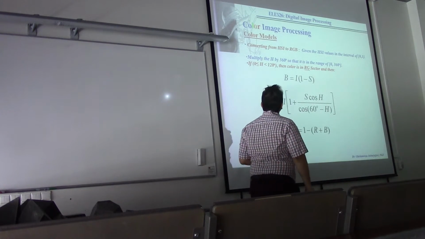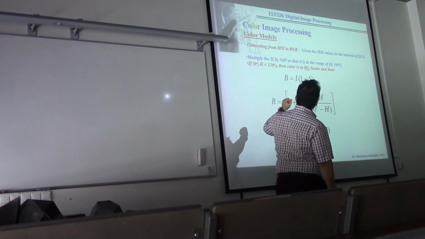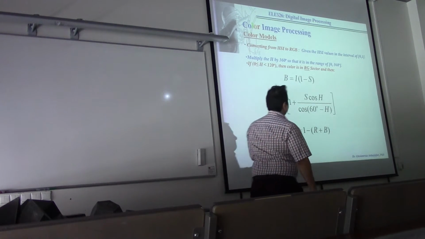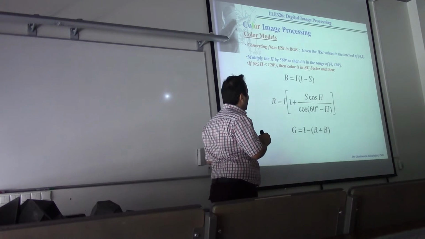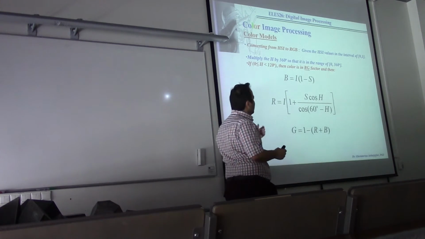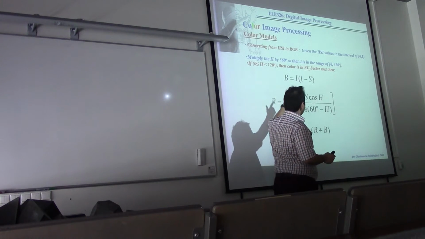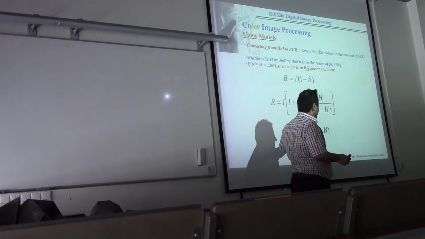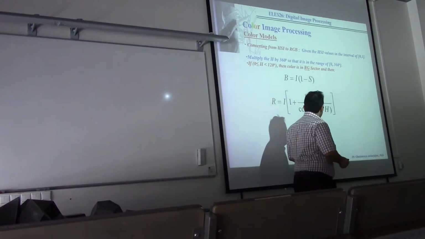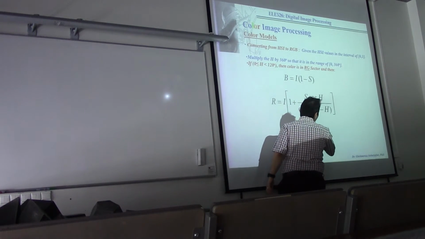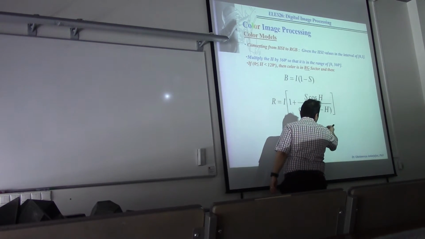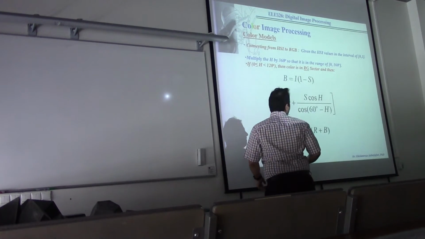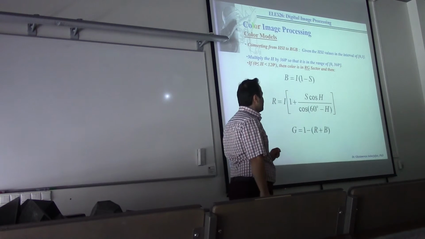You have to consider that H is in this range if we want to find the RGB values from the HSI model. And for the value of the green, we can say that it is 1 minus R plus B, since we have these values from the two equations here.